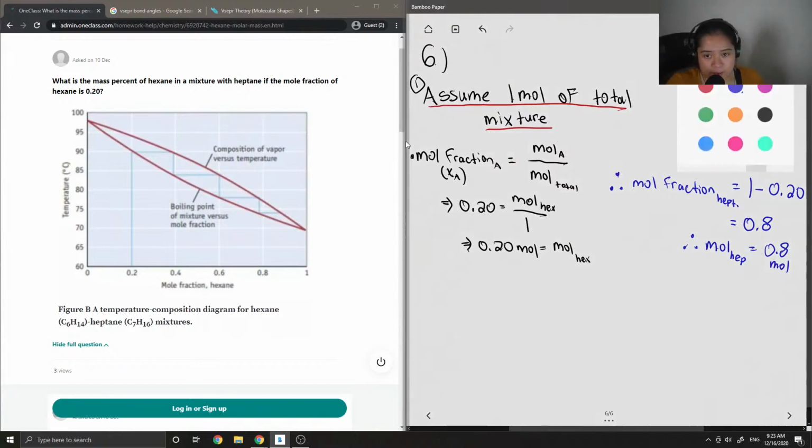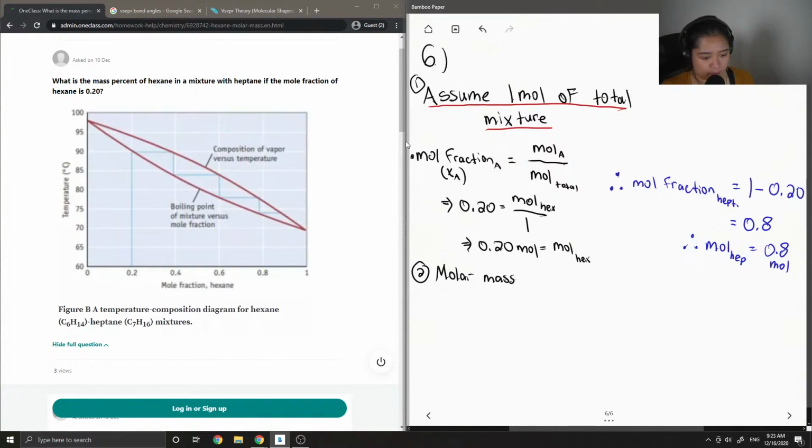Okay, so now that we know the number of moles of both of these gases, step 2 is to find their molar masses. So let's say we didn't know the molar masses of these compounds.